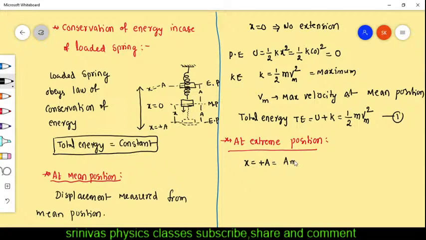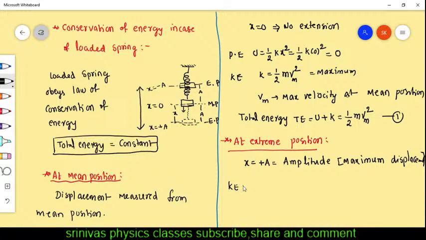This maximum displacement is called the amplitude. It is called the maximum displacement or the maximum extension of the spring. Now let us see what happens to the kinetic energy.